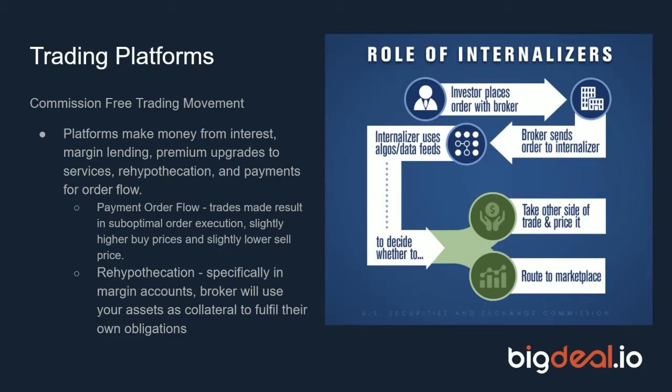So let's take this hypothetical example. I am going to buy $100 of Apple. Maybe Apple's trading at $100 a share, and I submit this order. It goes out, it goes through the internalizer. The internalizer comes back and says, okay, you just bought $100.